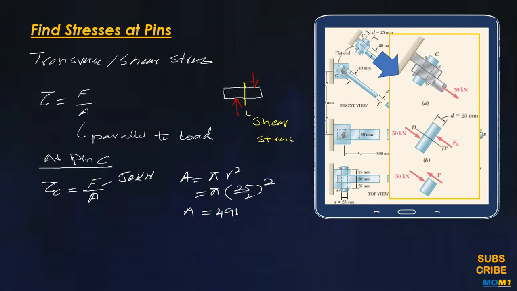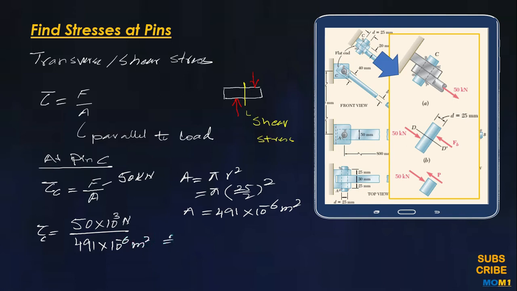So area is going to be 491 into 10 raised power minus 6 meter square. So tau C is going to be 50 into 10 raised power 3 Newton upon 491 into 10 raised power minus 6 meter square.